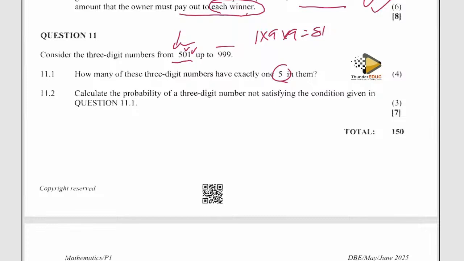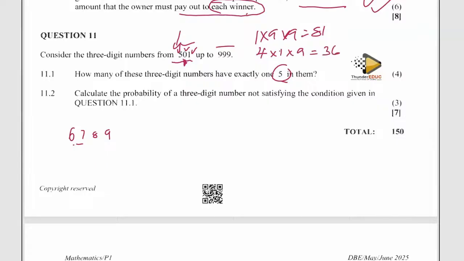Then what if the 5 is in between? The number that comes first can be 6, 7, 8, and then 9, so we have 4 numbers to choose from for the first one. The second one is fixed, which is a 5. And then the third one can be any number, which is 9.